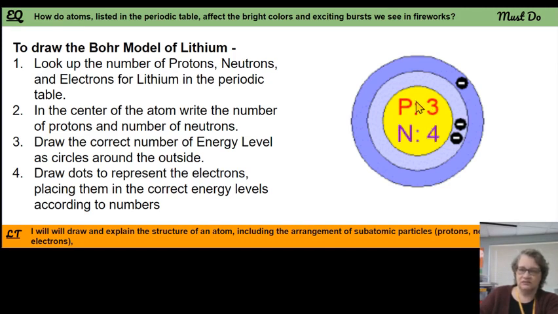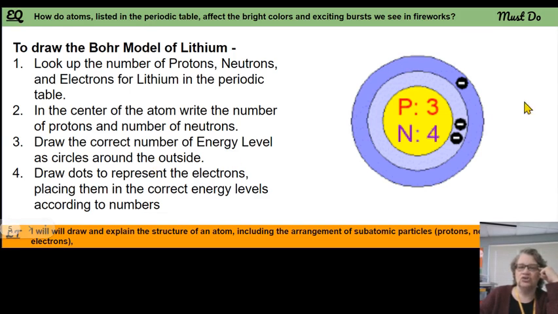So this is our nucleus, right? We're showing that it is lithium and we're showing that it has neutrons, okay? In the center of the atom, you write the number of protons and number of neutrons. You don't have to do the circles or anything like that. You just have to write them this way, all right? Then you have to draw the correct number of energy levels, right?